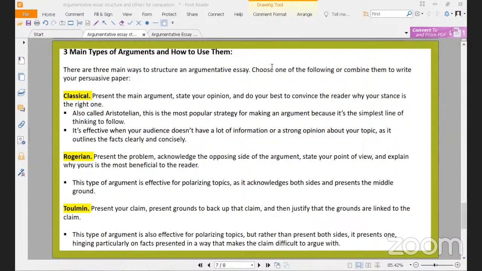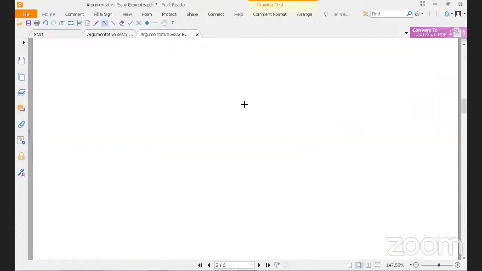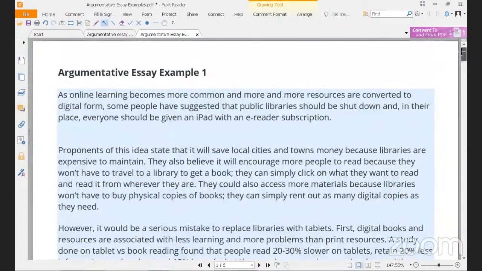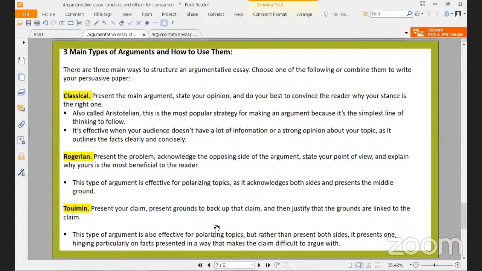Yes, I know these explanations are not the easiest ones to follow, but just by looking at this, in our essay that we just read, which type of argument are we following here? Anybody know? What type of argument? Really fast, what do you think? Classical, Rogerian, or Toulmin? It's okay, guys.